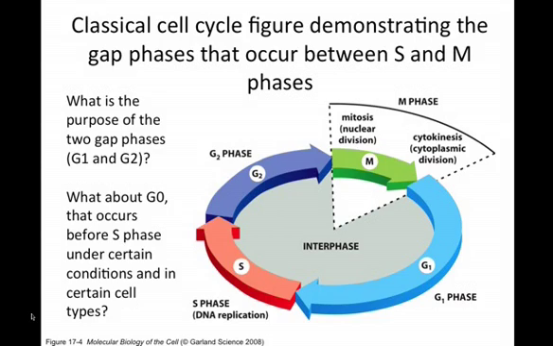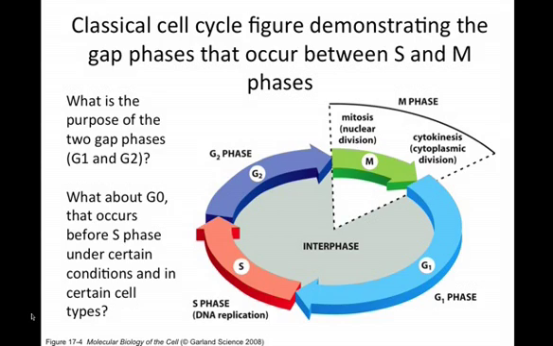And sometimes checkpoints can occur during your gap phases, but there are also checkpoints that occur during mitosis. So that's just like a language thing. But yes, it is a period of time during the cell cycle where the cell's kind of evaluating whether or not things have occurred properly and whether you can move on to the next phase.